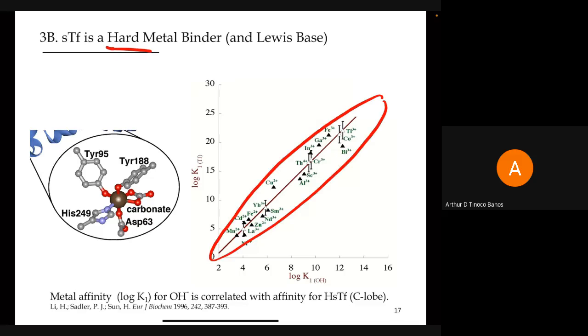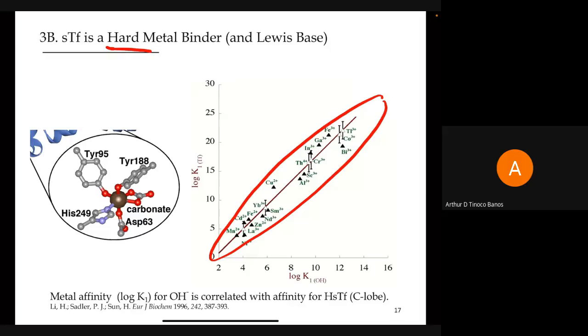And so what we see here is a plot that was generated correlating the affinity of different metals to the first binding site of the protein. Depending on the metal, that first binding site could either be the C lobe or the N lobe. I'm not going to be specific as to which of the two lobes.